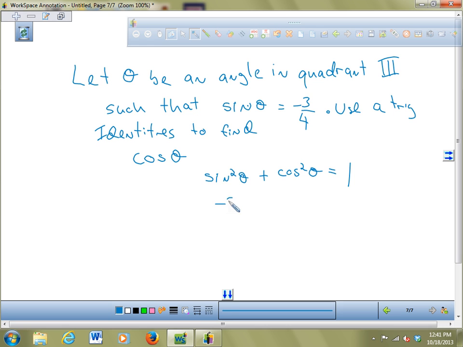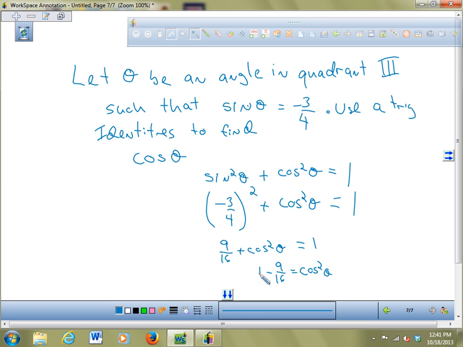So I can go negative 3/4 quantity squared plus cosine squared of theta equals 1. What's 3/4 squared? 9 over 16, right? You have to square both things. Plus cosine squared theta equals 1. So that gives me 1 minus 9 over 16 equals cos squared theta.